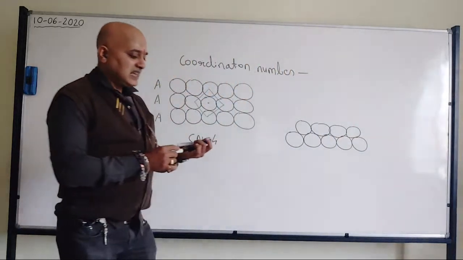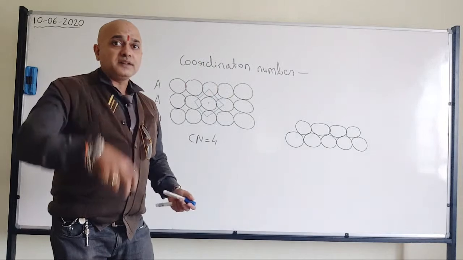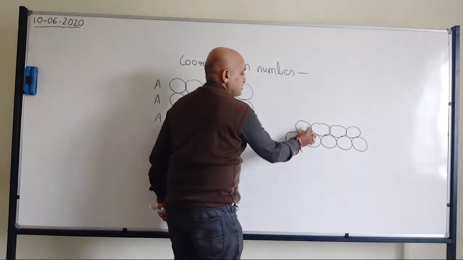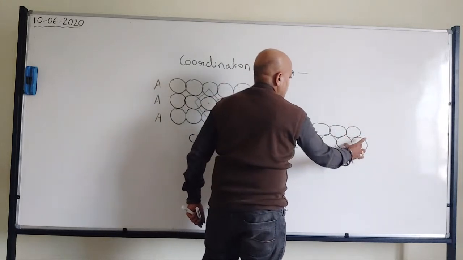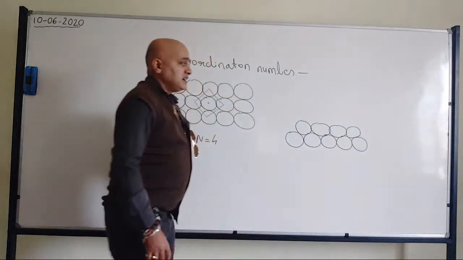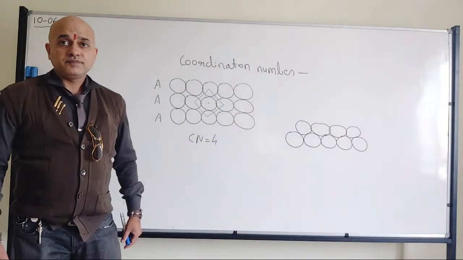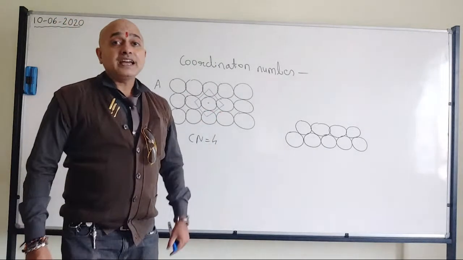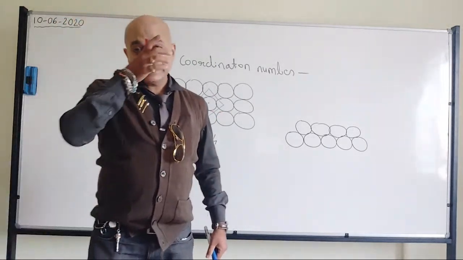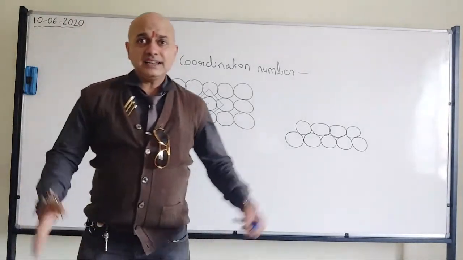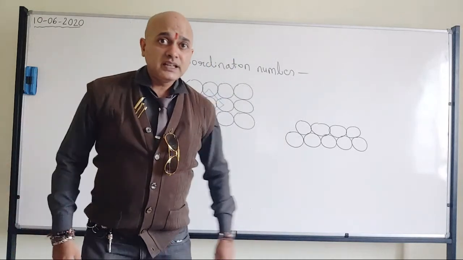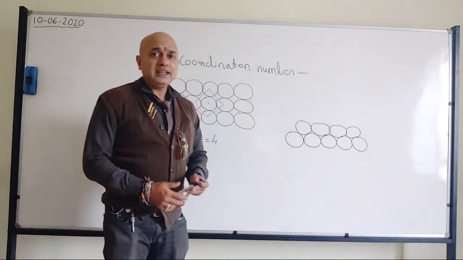I am placing it exactly in the middle of these two atoms. That's how I have arranged. That's what we can observe in a fruit shop, exactly how they keep the fruits one above the other, like a mountain. So the same logic is applicable here.